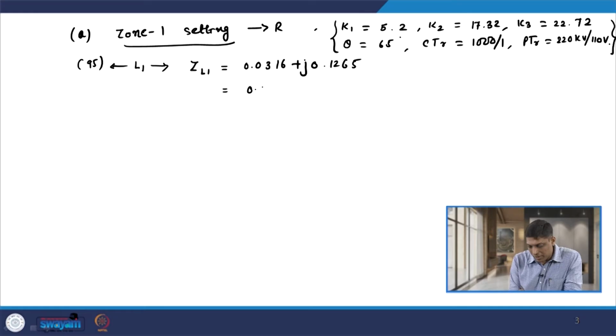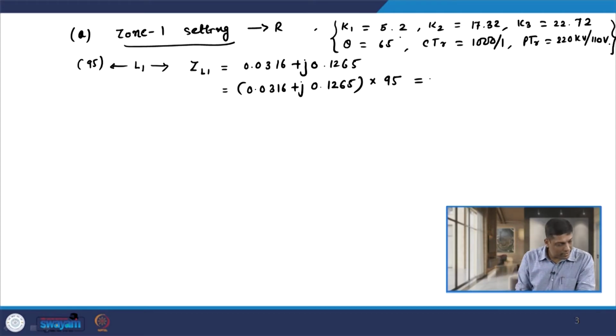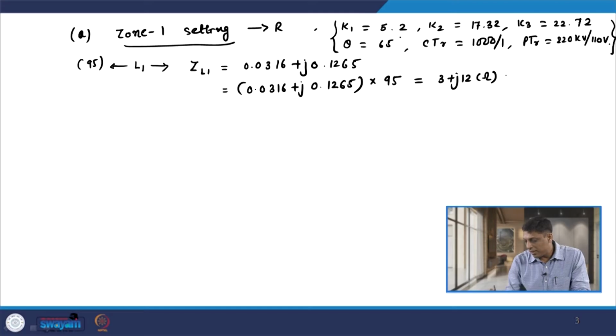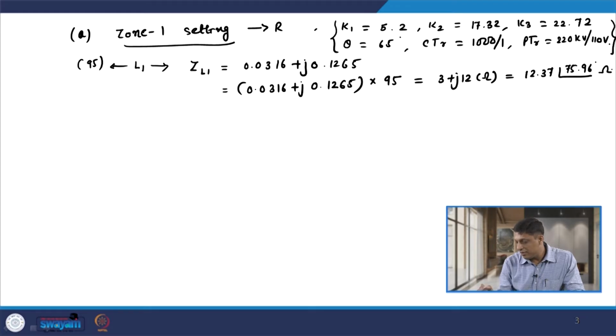That is 0.0316 plus j0.1265 into line length, that is 95 kilometer. If you solve it, you will get 3 plus j12 ohm. If I convert this value into polar form, it is 12.37 at an angle 75.96 degree, in ohm.